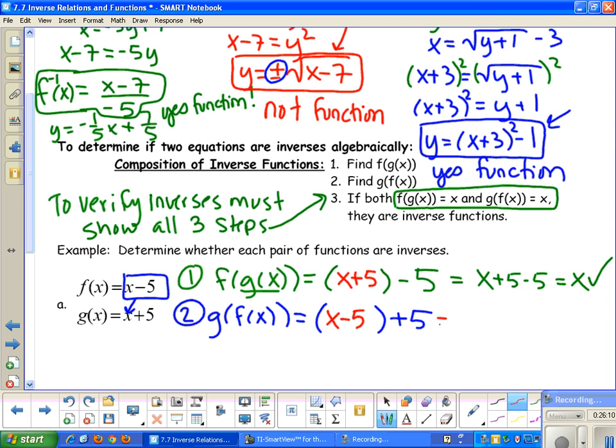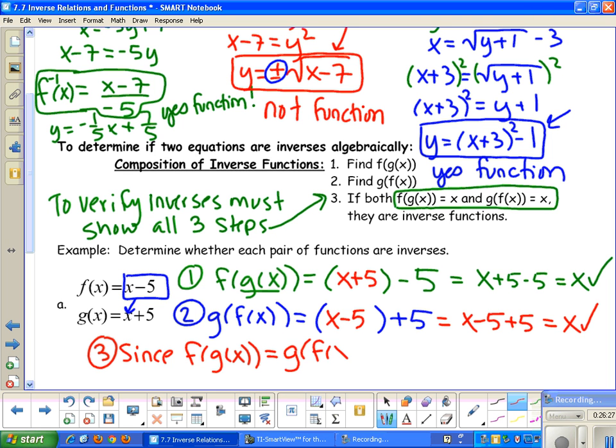When I do that, I get x minus 5 plus 5, which is equal to x. And then the last statement that we would want to write is, since f of g of x and g of f of x both equal x, therefore they are inverses.